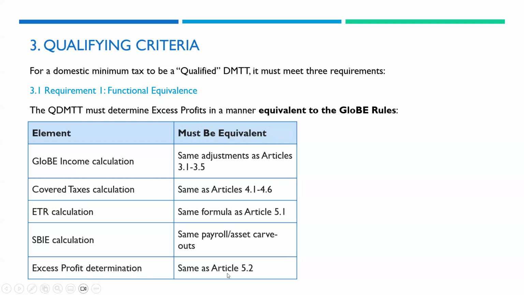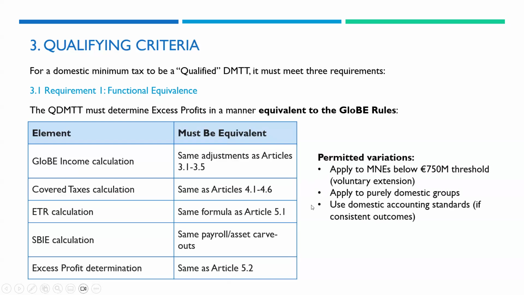But minor variations are allowed. Where could I bring in minor variations? Let's say your DMTT applies to MNEs below the 750 million threshold. That's fine. Even if that is a variation from the original law, that's a voluntary extension. Or it applies purely to domestic groups. Right now, we only have two multinational groups, right? But if you want to apply your DMTT to domestic groups also, that's fine.